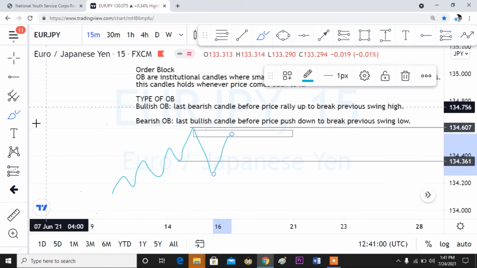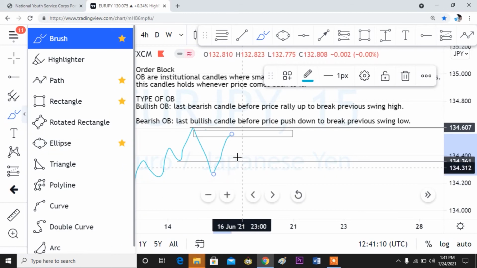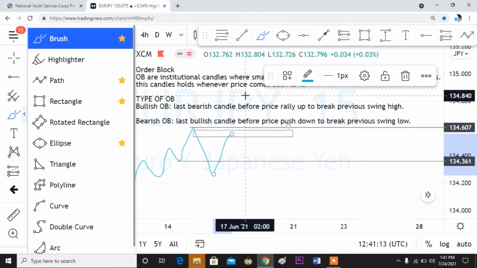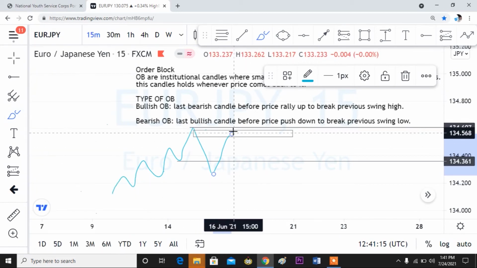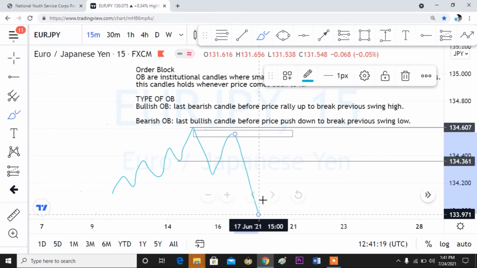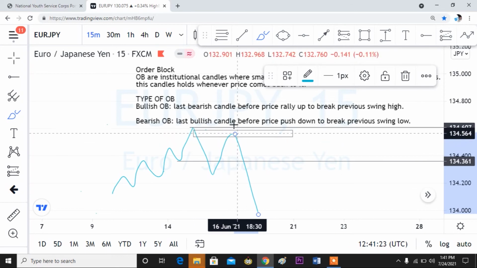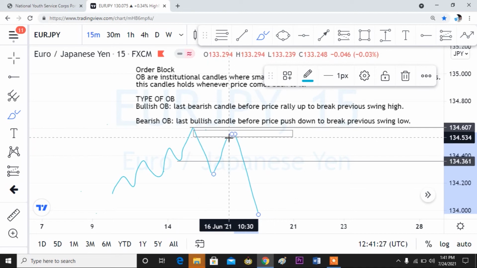When we are using this smart money concept, this order block, it actually gives us a sniper entry, and it helps us to have a good risk to reward ratio. So in this case, we take our entry here, and then short the market down with a good risk to reward ratio. So this example here is the bearish order block. The reverse is the bullish order block.